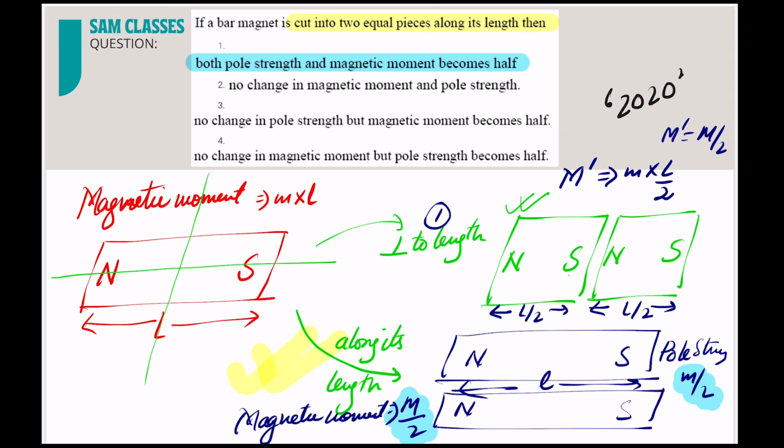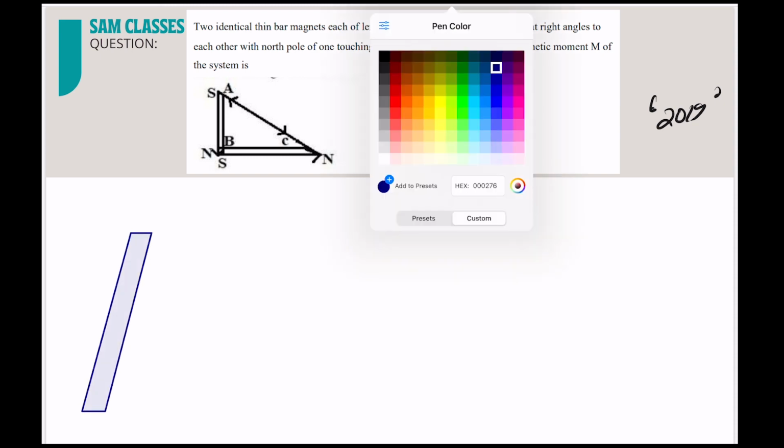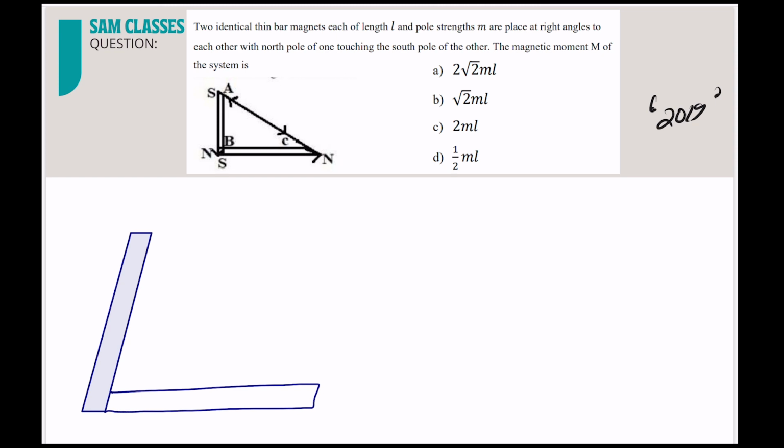Let's see the next part. Two identical thin bar magnets. Very simple, you need to understand. Let's say we have one bar magnet like this, and then another bar magnet like this.